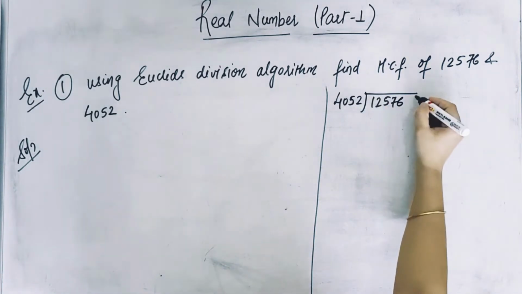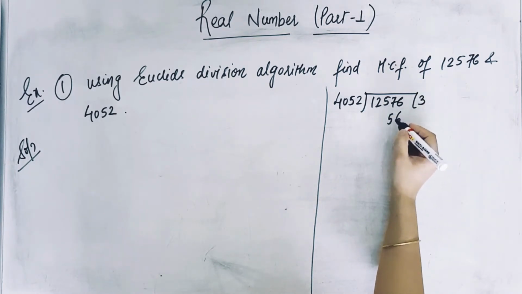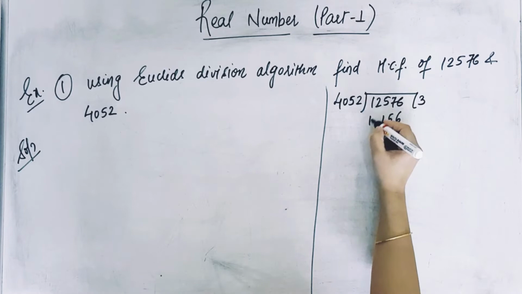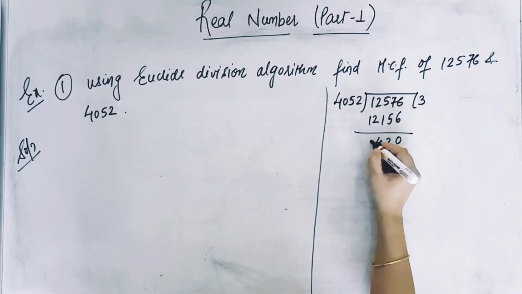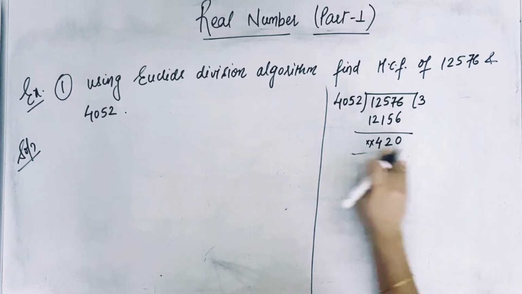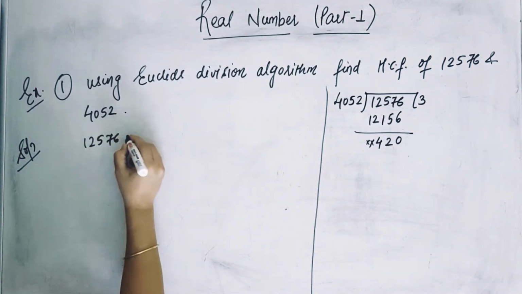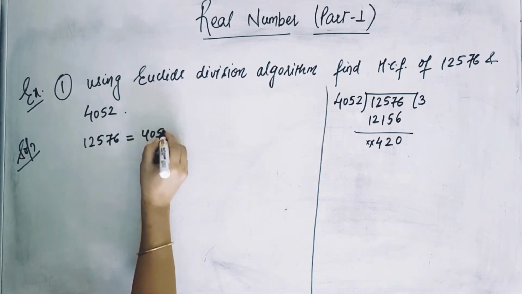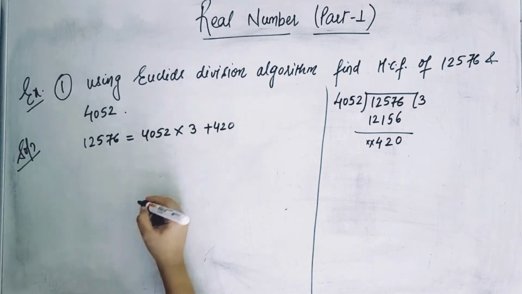We first divide by 3. 3 into 2 is 6, 3 into 5 is 15, carry 1, 3 into 4 is 12. So this will come to be 420. So the first step is 12576 equals 4052 into 3 plus 420.